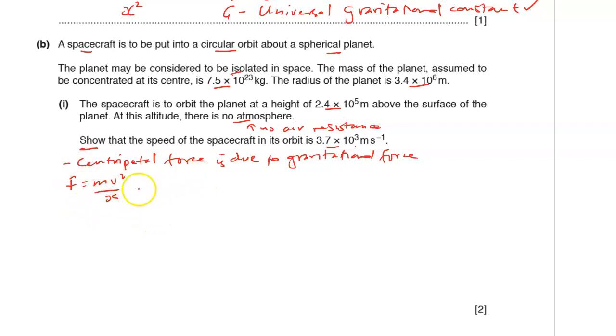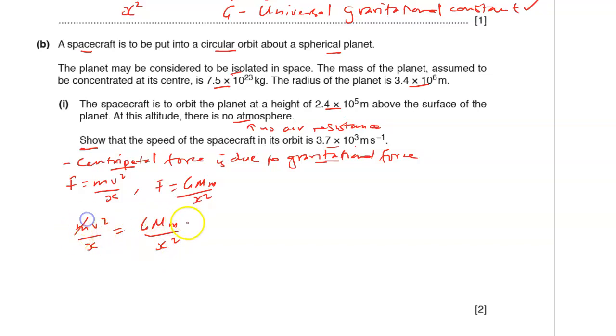Since centripetal force is due to the gravitational force, we can equate the two forces because they are equal. mv squared over x is equal to GMm over x squared.